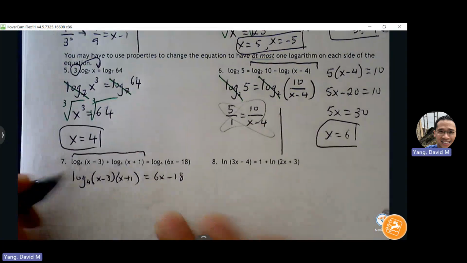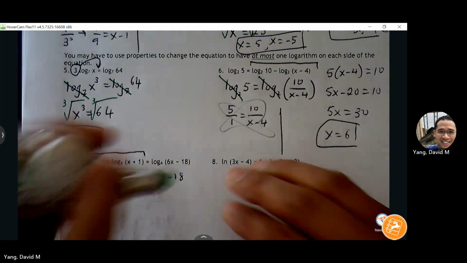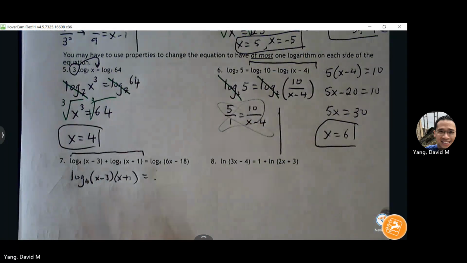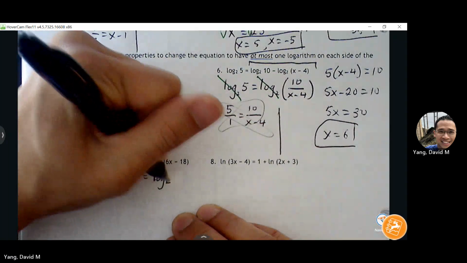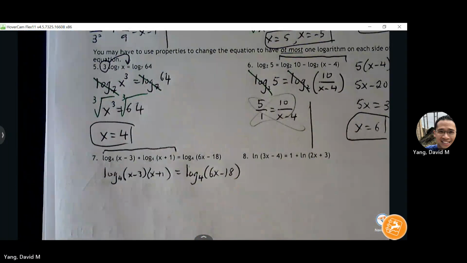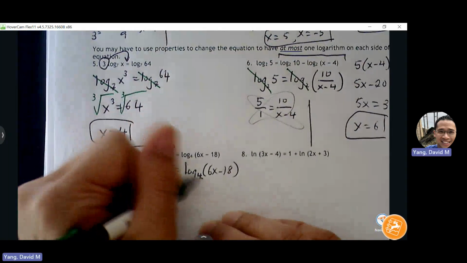There's no coefficients. Sorry, I dropped the log base 4 here.